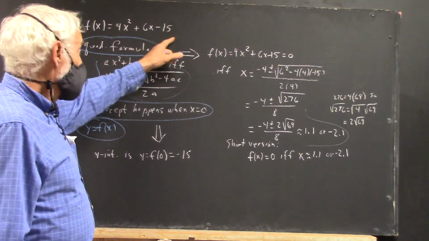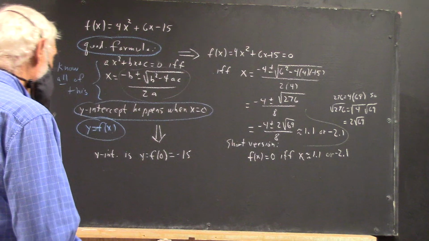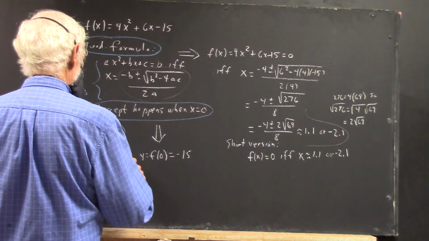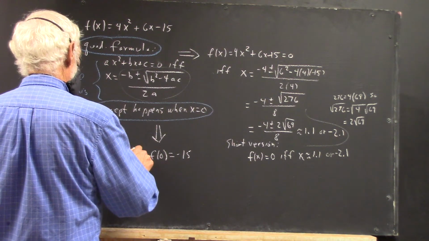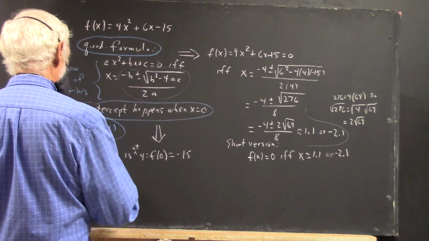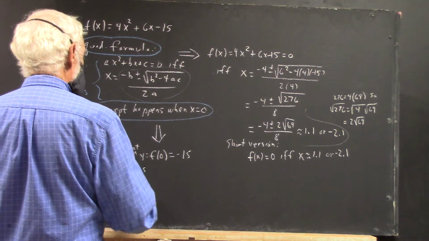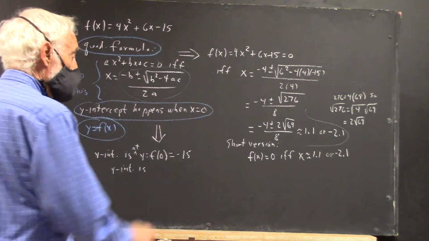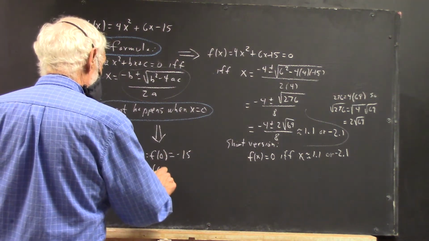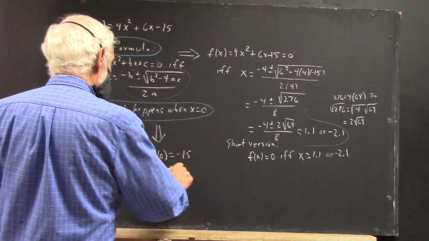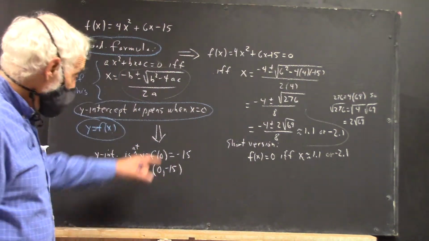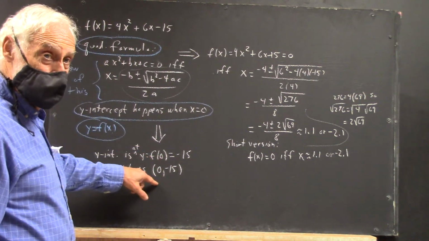Because this and this are both going to be 0, you end up with this. So the y-intercept, you let x equal 0 to get this, so the y-intercept is 0, negative 15. X is 0, okay?